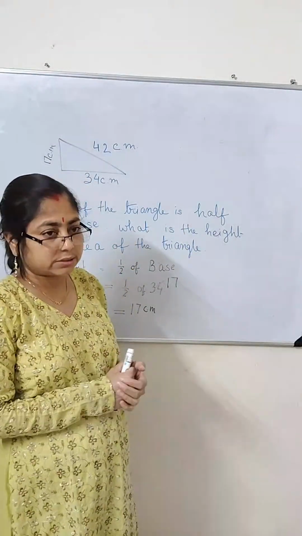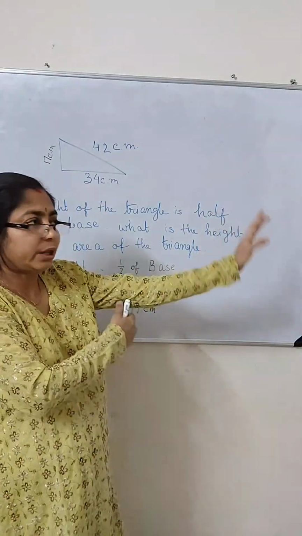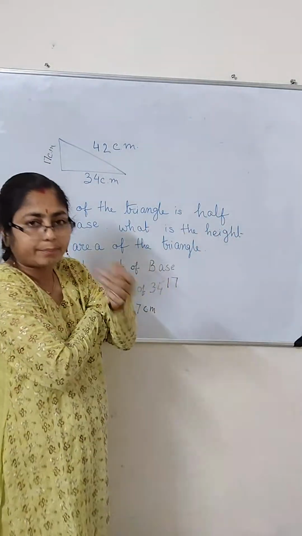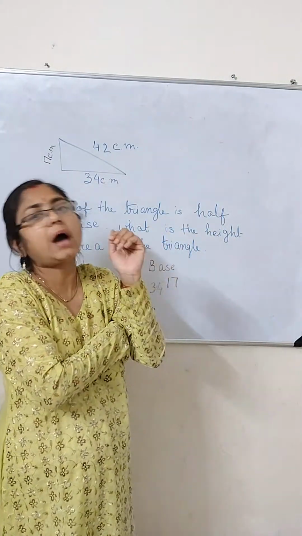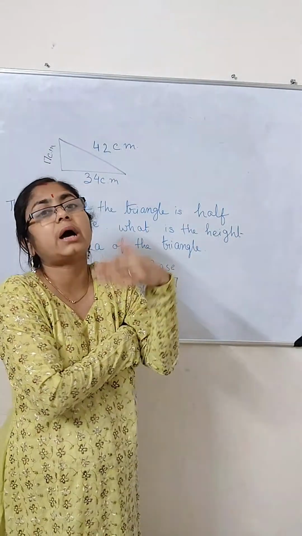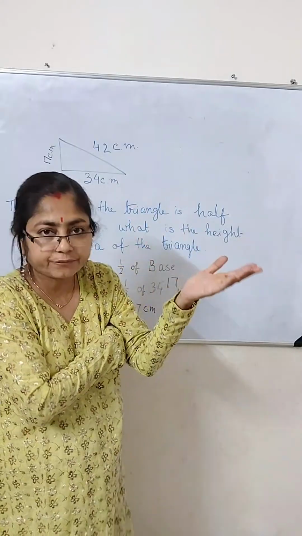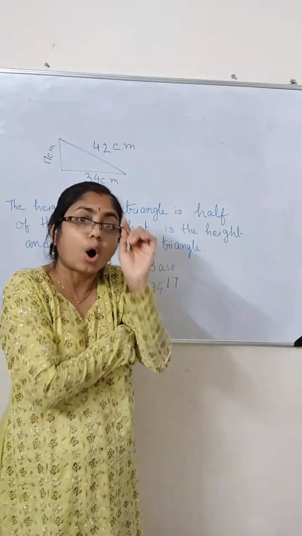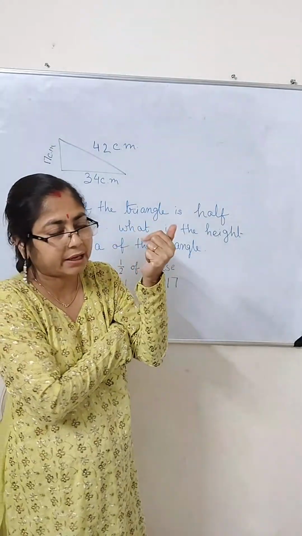What is the area of the triangle? In that question, you know the height, so you apply the normal formula, half base into height. But if anybody wants to apply Heron's formula, it is also applicable. Why is it applicable?